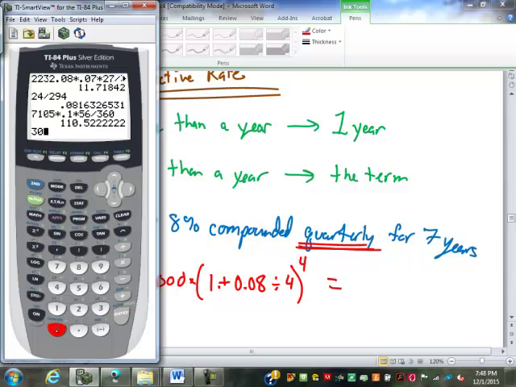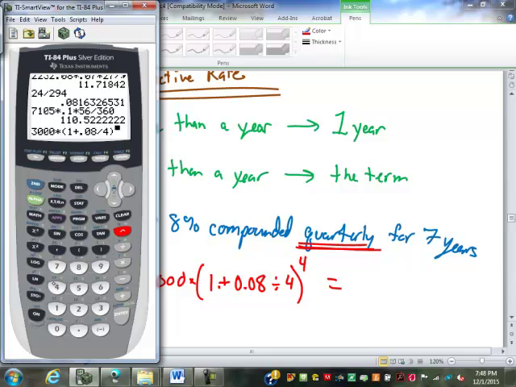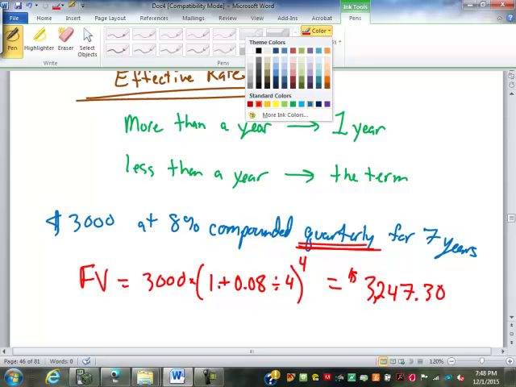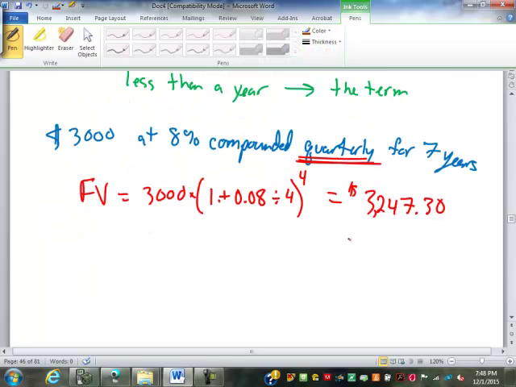So 3,000 times (1 plus 0.08 divided by 4) to the power of 4 is 3,247.30. That's your future value. Now what we really want from that is the interest, so we subtract our principal of $3,000. That's $247.30 in interest.